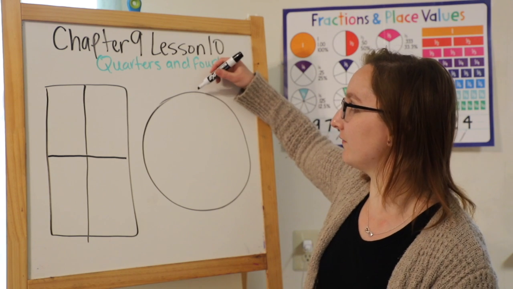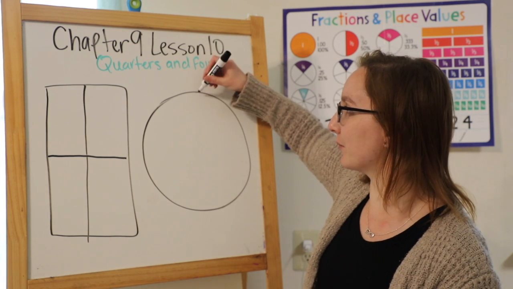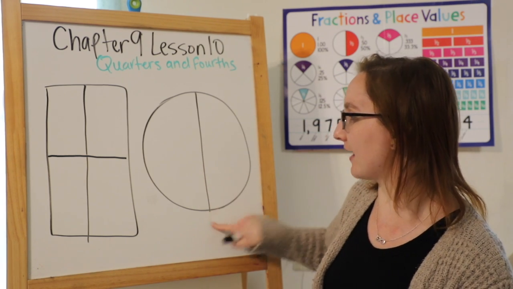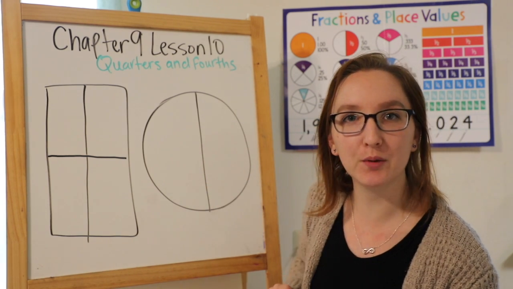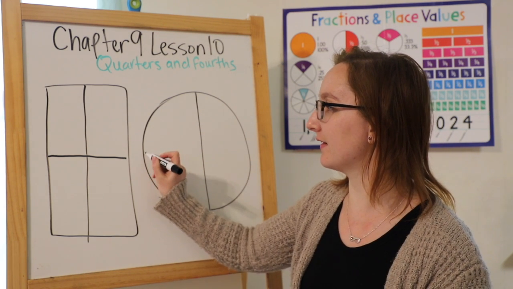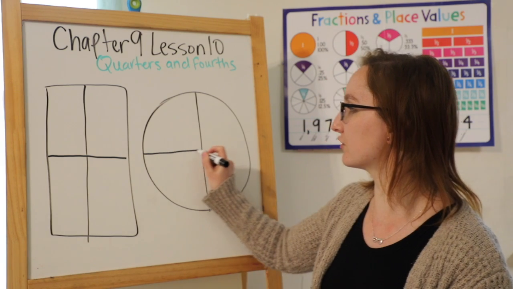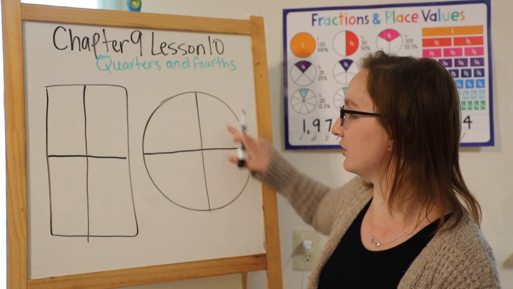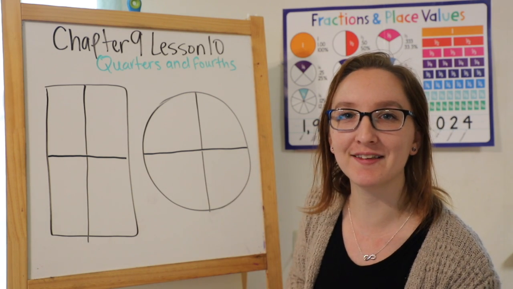I'm going to start at the very top in the middle, and draw a straight line down. That way I separated my circle into 2 equal parts, or 2 halves. And then I'm going to come over onto the side, and draw a straight line across. And then I have 1, 2, 3, 4 equal parts there.